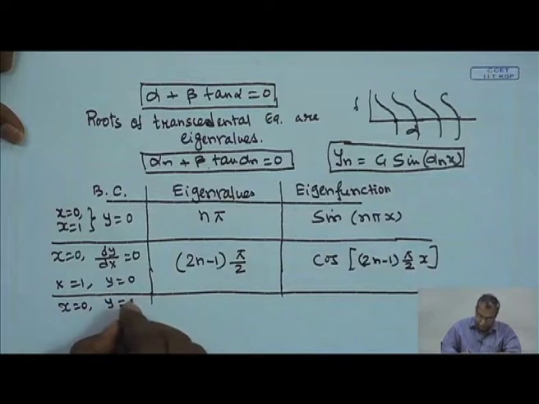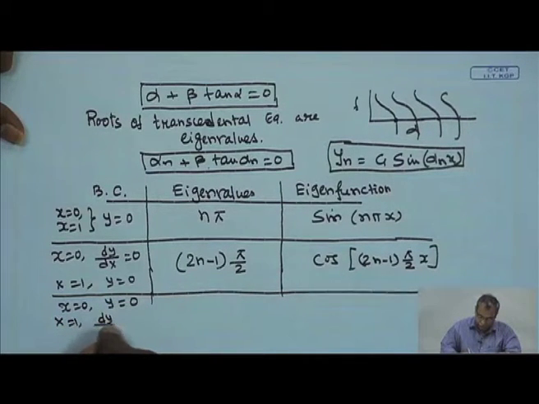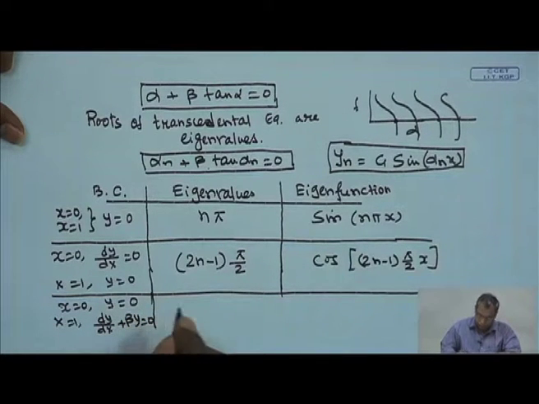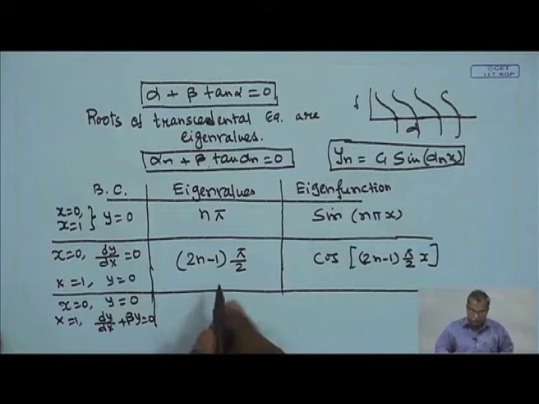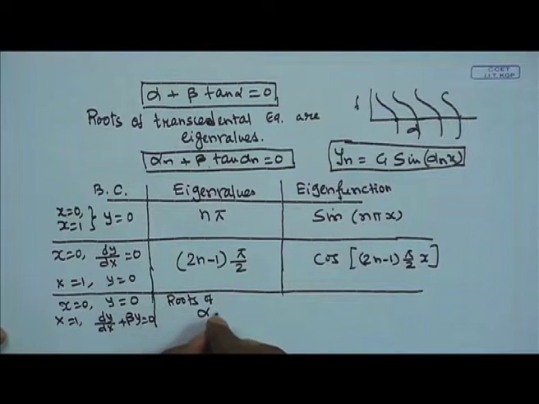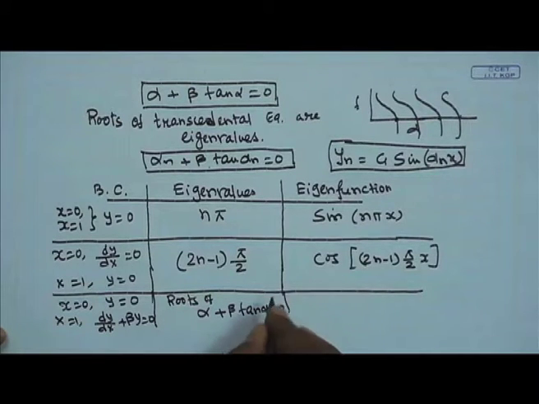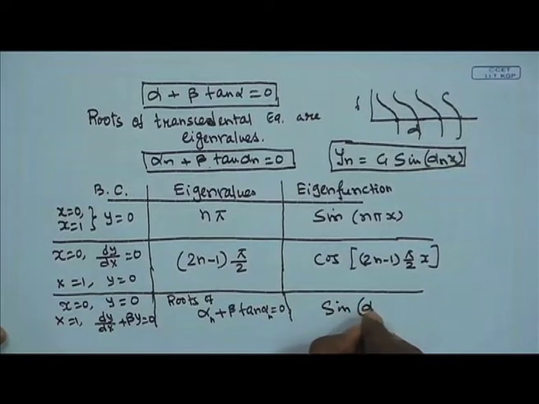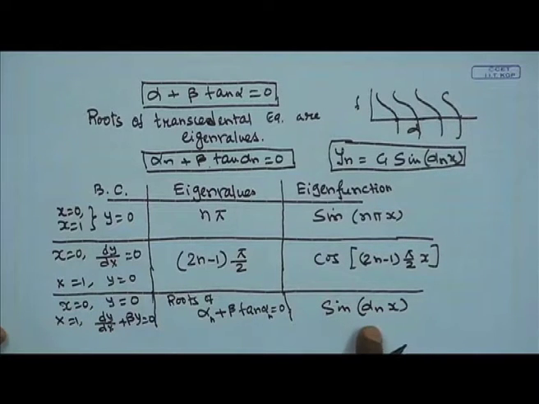In case the boundary condition at x equal to 0 is y equal to 0 and at x equal to 1 we have a mixed boundary condition dy/dx plus beta y equal to 0, the eigenvalues will be the roots of the transcendental equation alpha plus beta tan alpha is equal to 0, alpha n basically being the nth eigenvalue, and the corresponding eigenfunctions are sin alpha n x, where alpha n's are the roots evaluated from this transcendental equation.